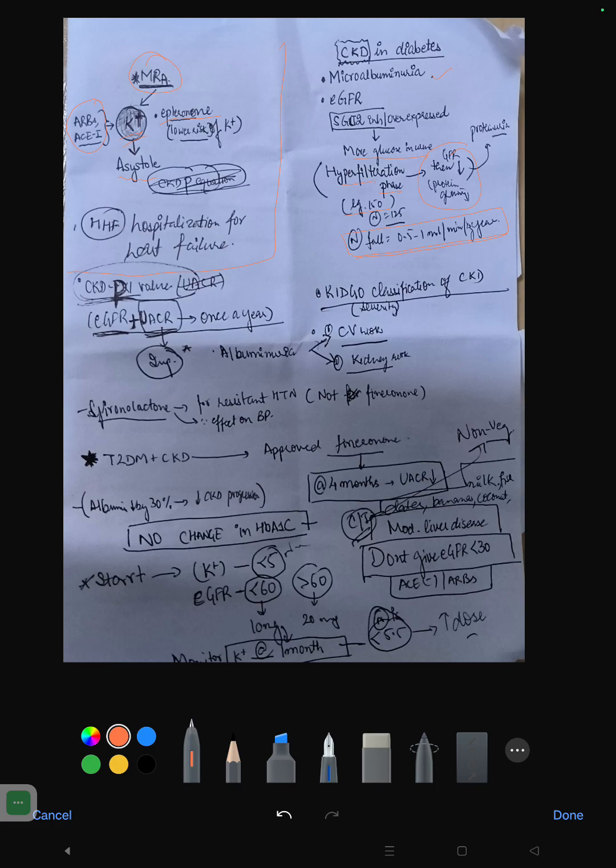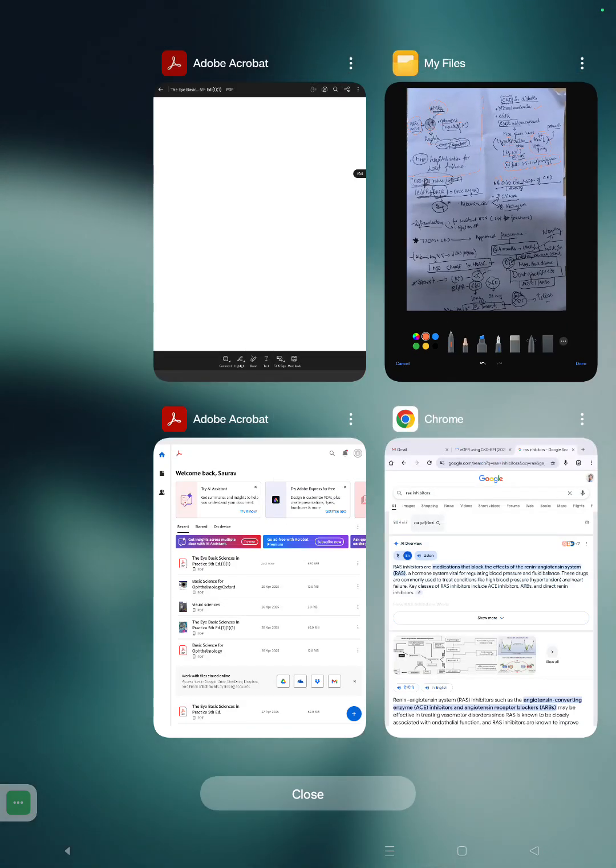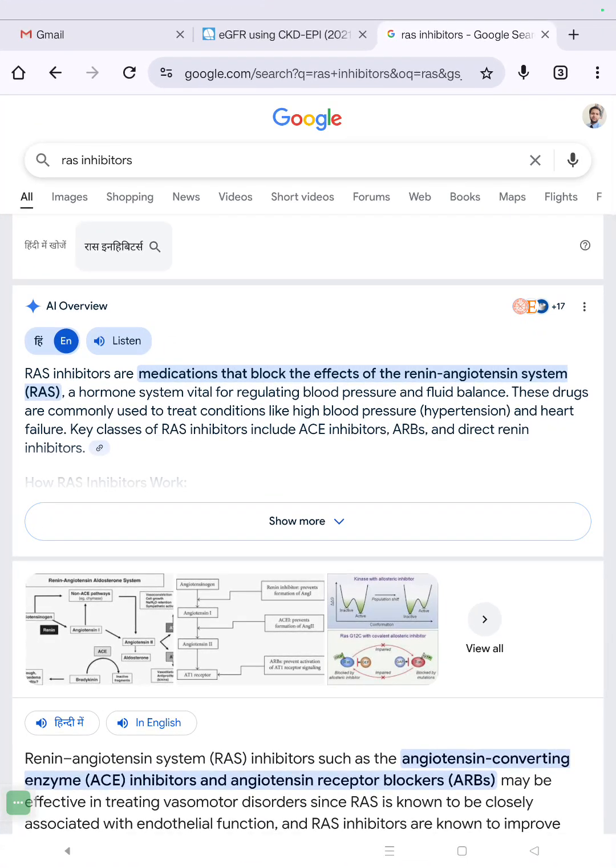So whenever a patient comes to us, we have to do the KDIGO classification of the CKD to see the severity of the CKD.